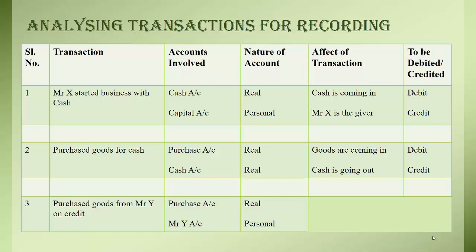Goods are coming in, so the rule for the real account will be applied on the purchase account as goods are coming in. And the rule for the personal account will be applied on Mr. Y because Mr. Y is a giver. So the rule for the personal account says debit the receiver and credit the giver.